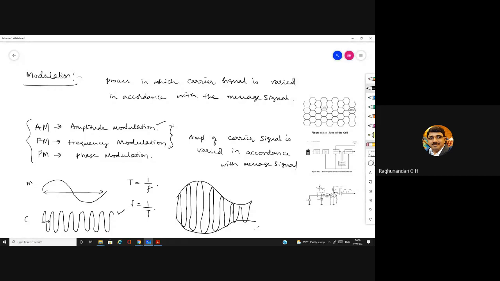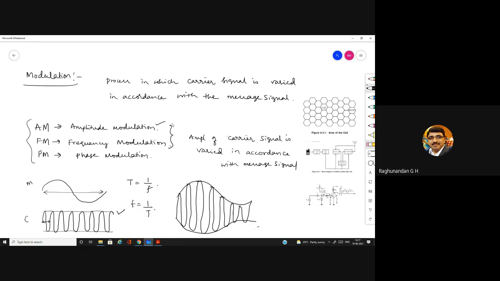Carrier signal's frequency is changed or its amplitude is changed? See here, amplitude is almost same. The amplitude means voltage. It is almost same. But what has happened here? See the amplitude levels. What is modulated in this? What part of carrier is modulated?